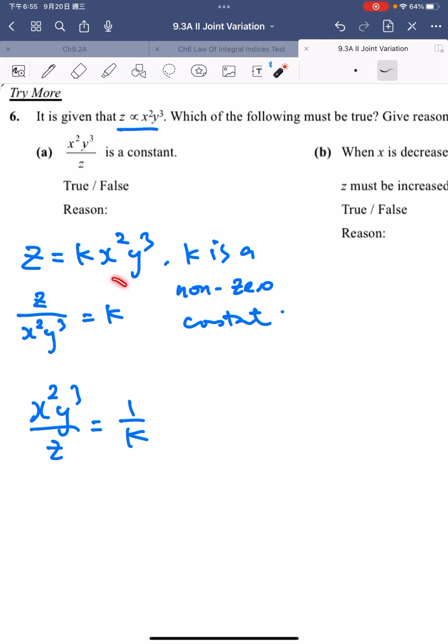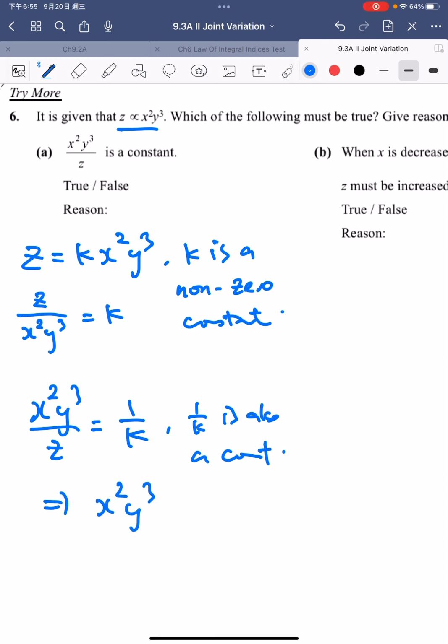As k is a constant, 1 over k is also a constant, which means that x squared y cubed over z is also a constant.